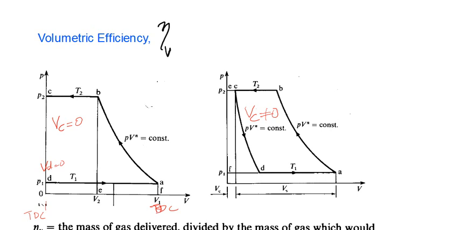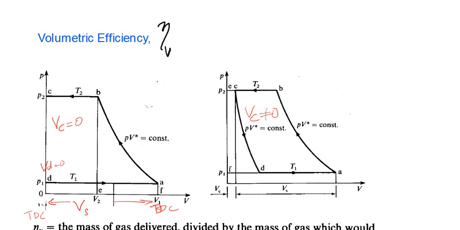So this is equal to the swept volume, the VS. So the amount of air inducted in the first case, where VC is equal to 0, is VS. But in our second case, where VC is not equal to 0, we can see a reduction of volume inducted into the compressor. So it's not VS, but in this case VA minus VD.